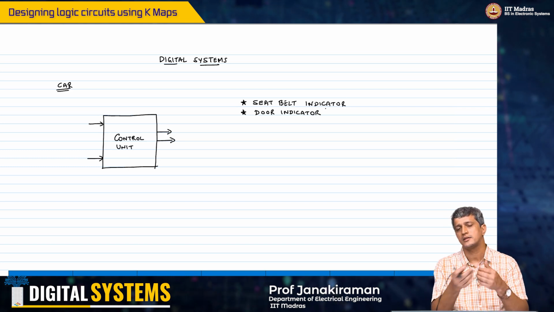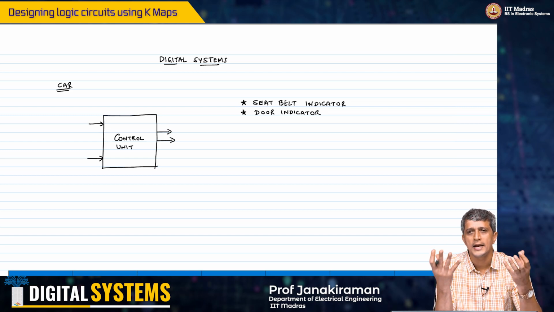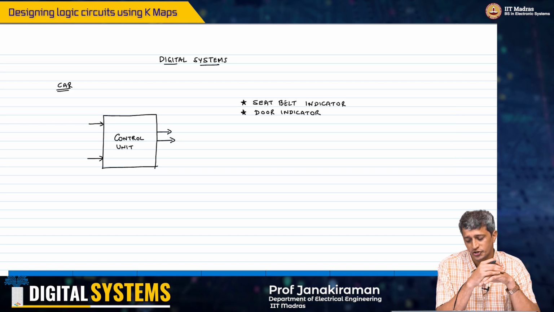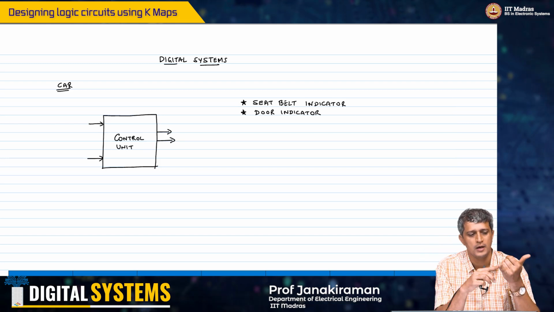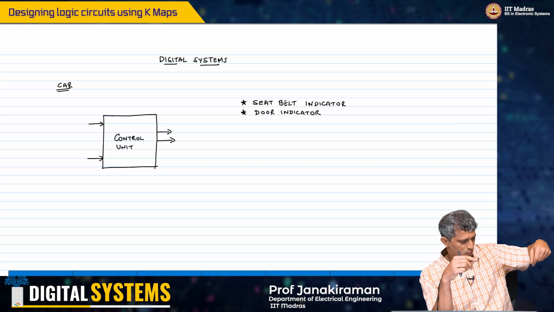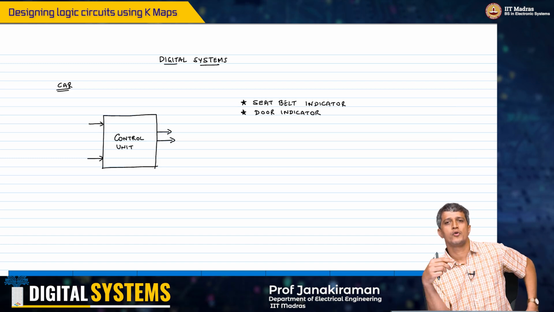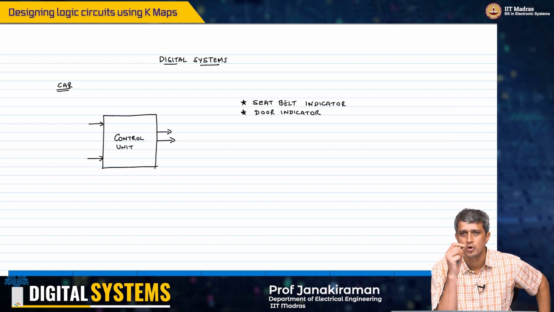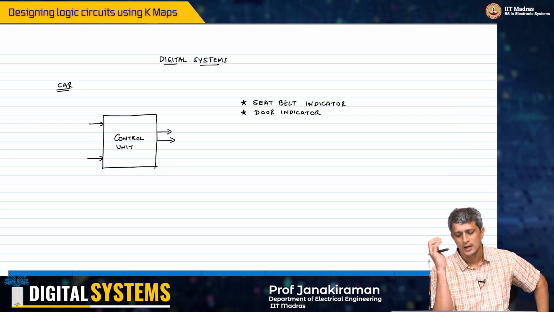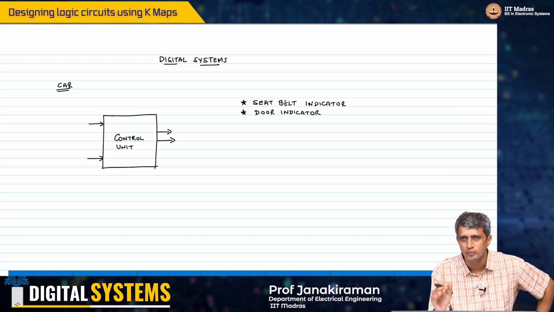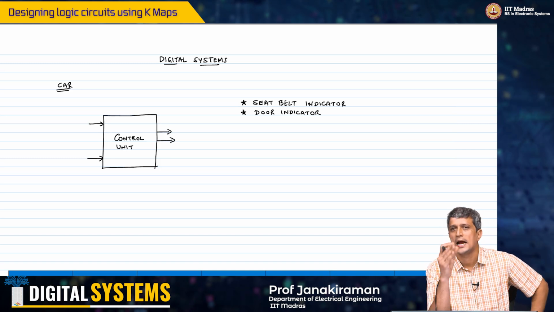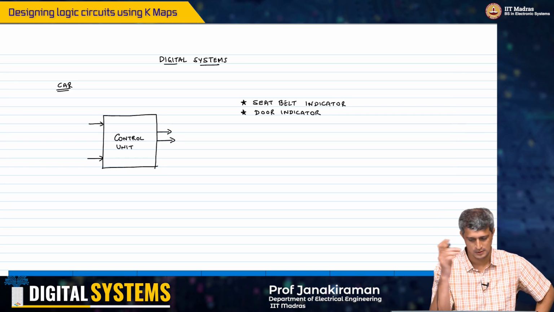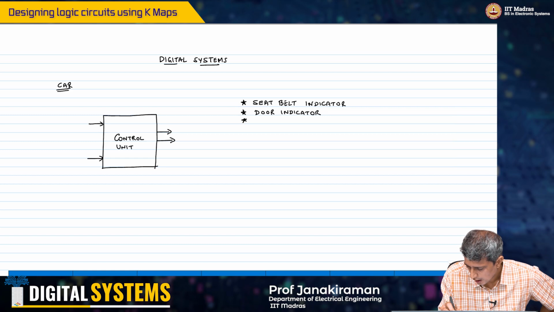A door indicator is basically used to highlight if a door is open or not. Essentially there has to be a sensor for the seat belt, where when you buckle the seat belt in, some switch will close and tell you that the seat belt has been strapped correctly. So we are going to assume that such a sensor exists and a Boolean variable will convey that particular information to us.